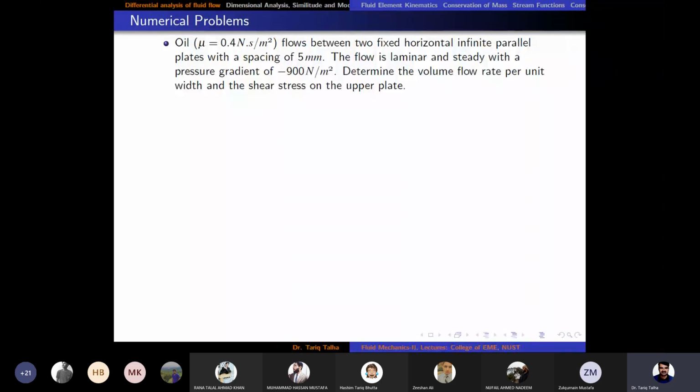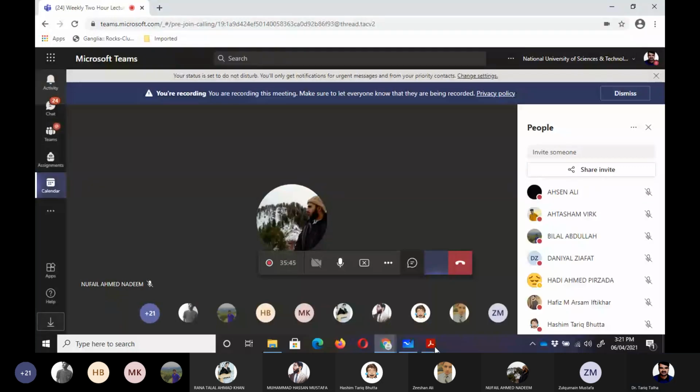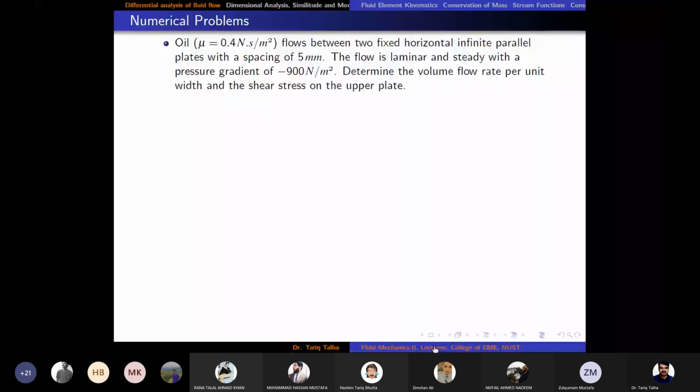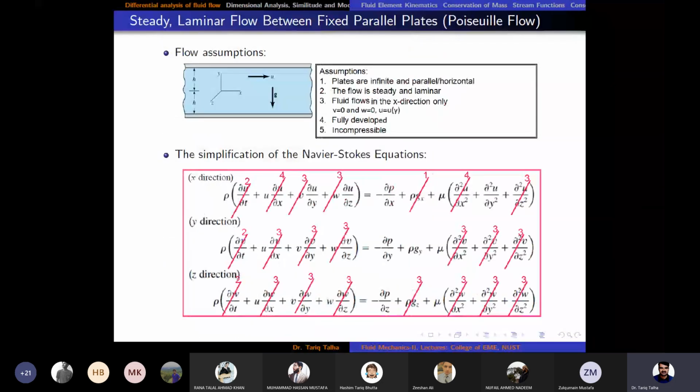First of all, we have got a situation in which oil whose viscosity is given as 0.4 Newton second per meter square flows between two fixed parallel infinite plates with a spacing of 5 mm. Now the total distance is 5 mm, because if you remember, the spacing when we started was 2h.